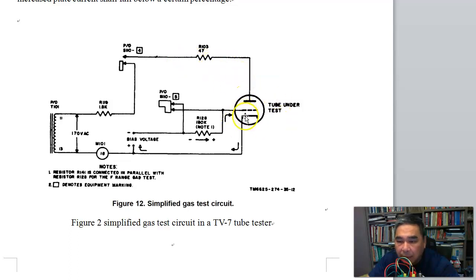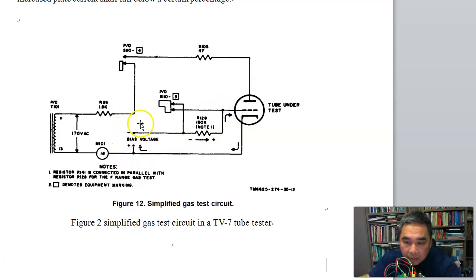This is the device under test, and the plate is supplied by the power supply in TV7. This is the cassette. And this is the grid circuit.